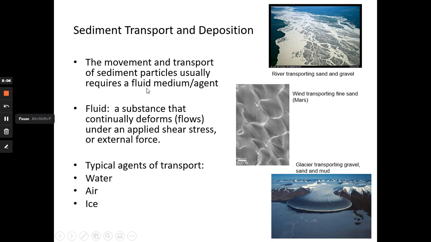Notice here, usually it is a fluid. Doesn't have to be, but most of the time it is a fluid. Okay. What I mean by fluid, remember your secondary school physics, right? It is a substance that continually deforms under an applied shear stress or external force. Okay, so you apply a force, it will change shape, right?